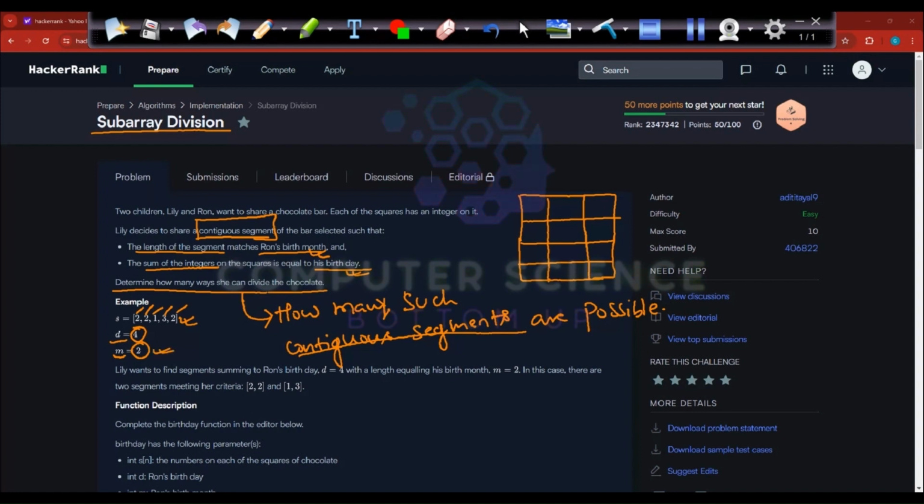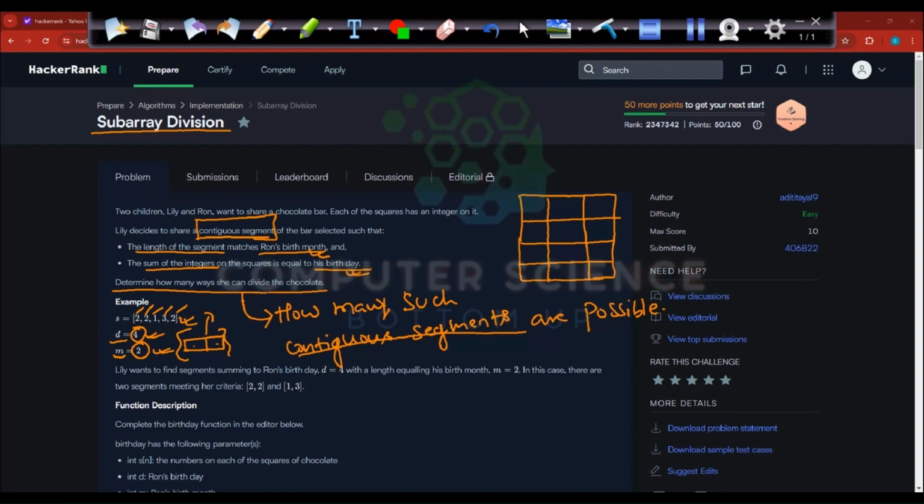Length is going to be 2 means that we will look at 2 consecutive squares only. When you look at 2 consecutive squares and the sum is equal to birthday, then these consecutive squares are one of the ways. Or this consecutive square will serve as one such example.